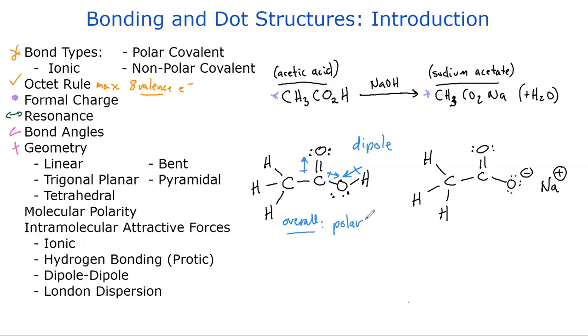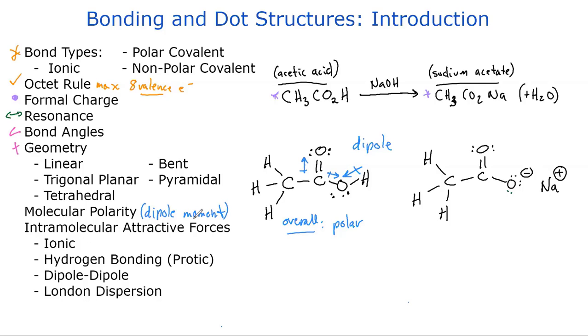It's a little bit complex for us to try to draw a molecular dipole or a dipole moment, because the molecule has so many different atoms in it, but we would want to consider that it is a polar molecule. Anything that's charged, by the way, is going to be exceptionally polar.